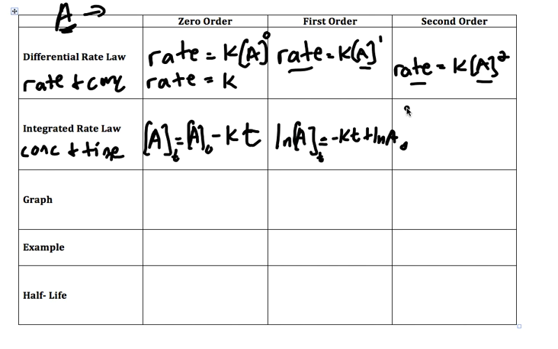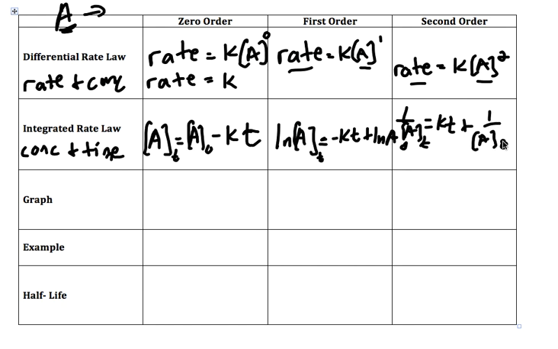And if I integrate this one, I get 1 over A, again at a certain time t, is equal to kt plus 1 over A naught.